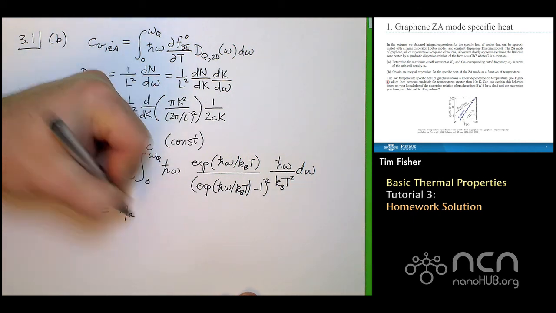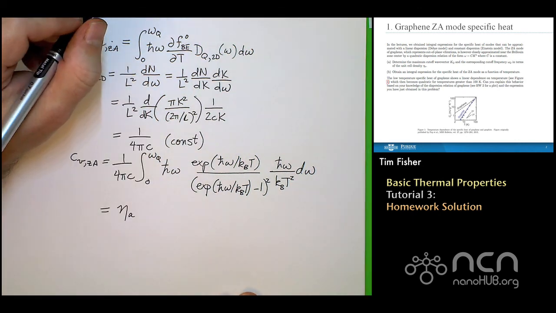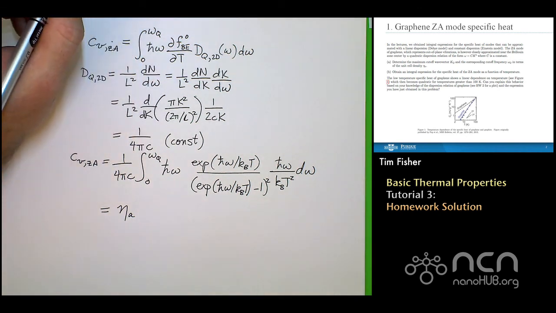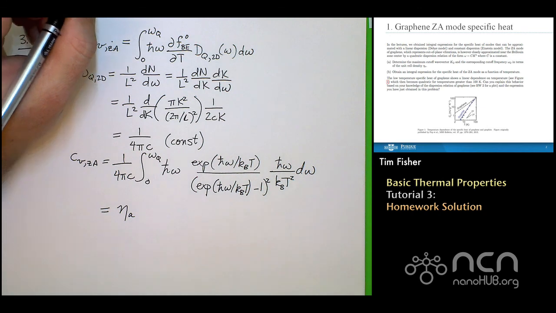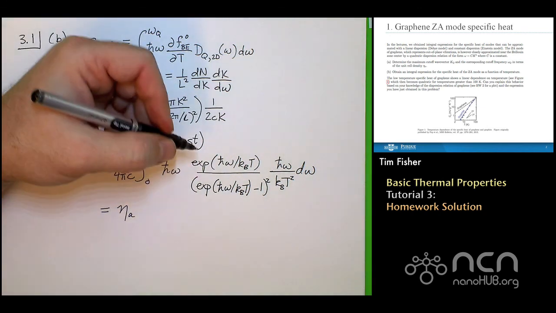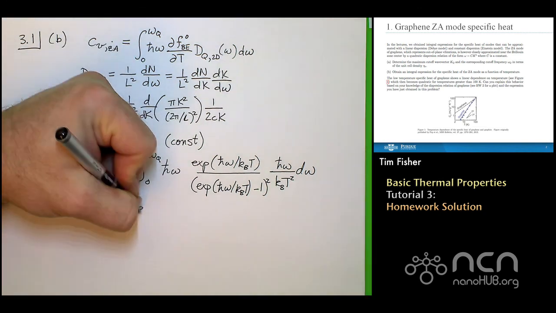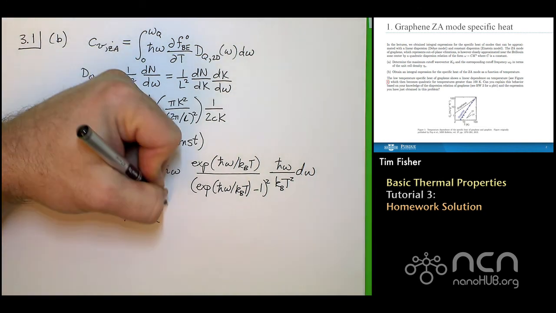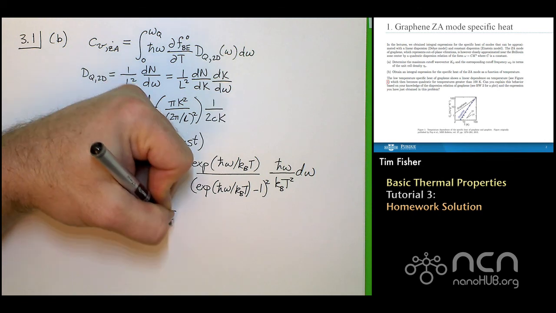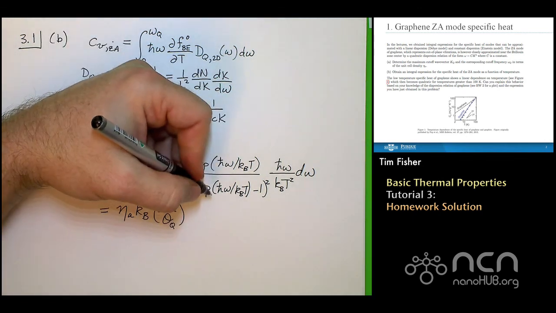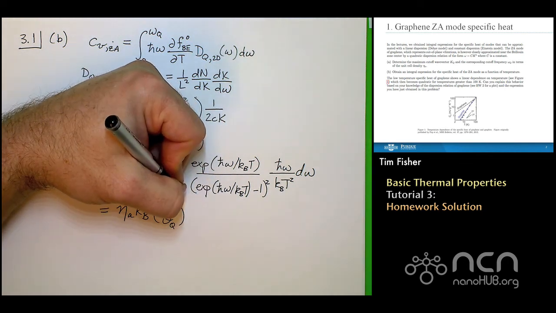We find that from our expression for the upper limit on the frequency, the cutoff frequency, we're going to turn that into a temperature. Do a few other substitutions here, and we're going to call this theta sub q. That's going to be our cutoff temperature.